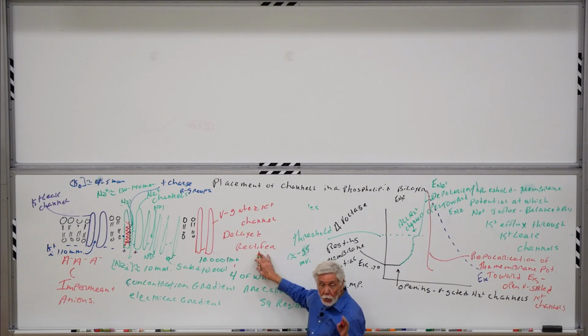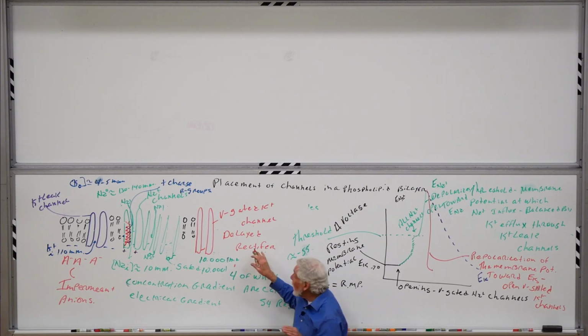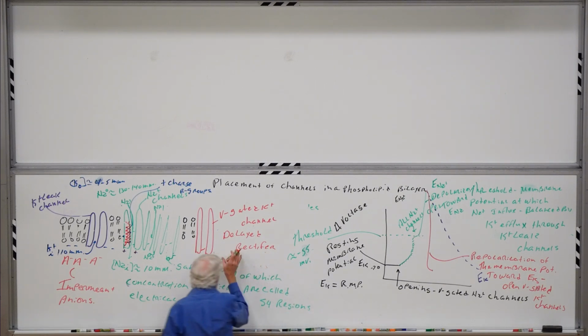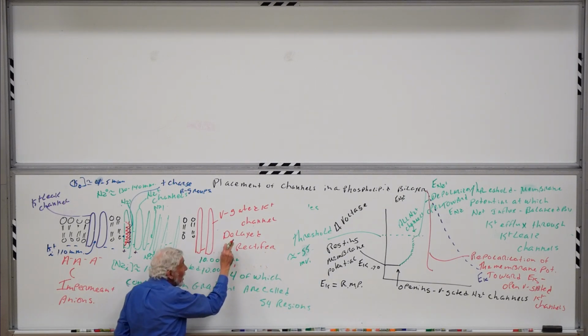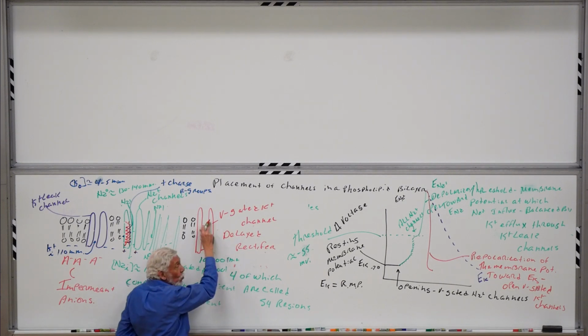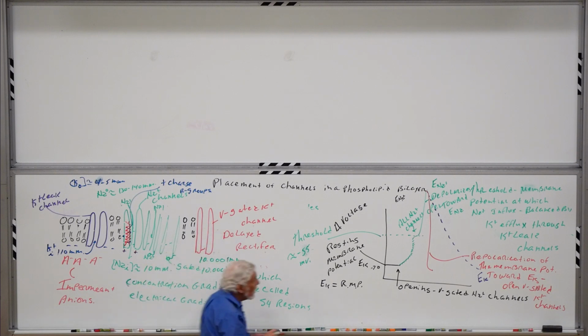There are several genes for potassium channels, and they're ultimately spliced, and there are a whole bunch of them. But for our purposes, the one we want to talk about here is the one that is voltage-gated, the delayed rectifier. The name has an implication to it. It's delayed in time, but it's a rectifier because it's going to rectify the membrane potential.